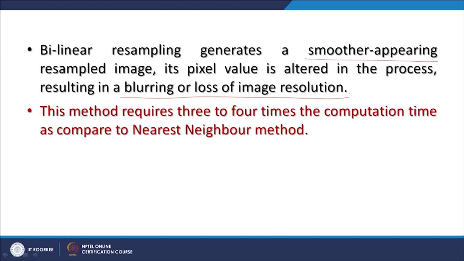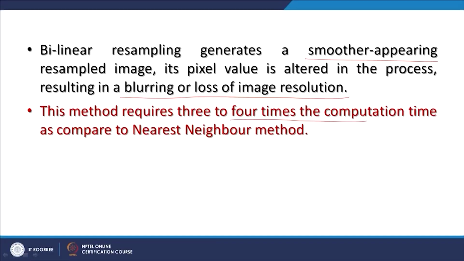So, it is a compromise between georeferencing accuracy and image quality. You have to choose again as per requirements. If you are ready to lose a little image quality, but do not want to compromise on the georeferencing accuracy, then this method is quite good.